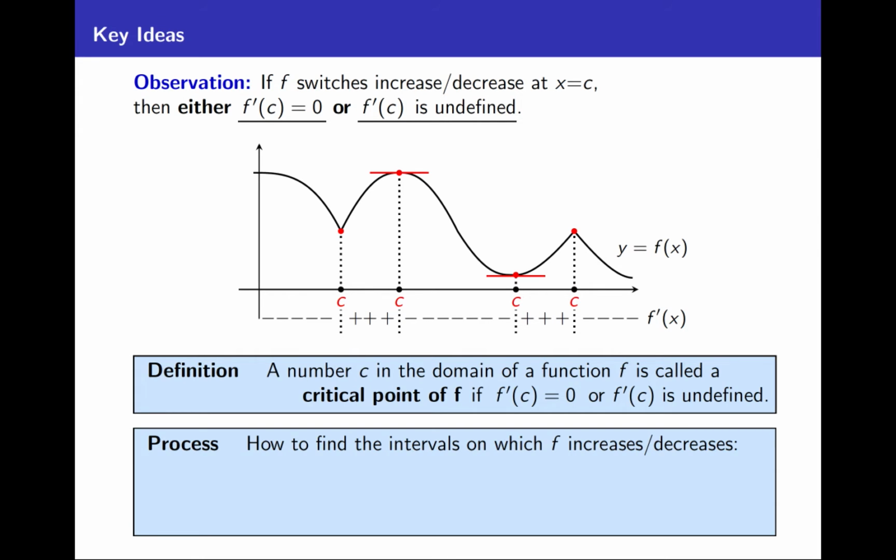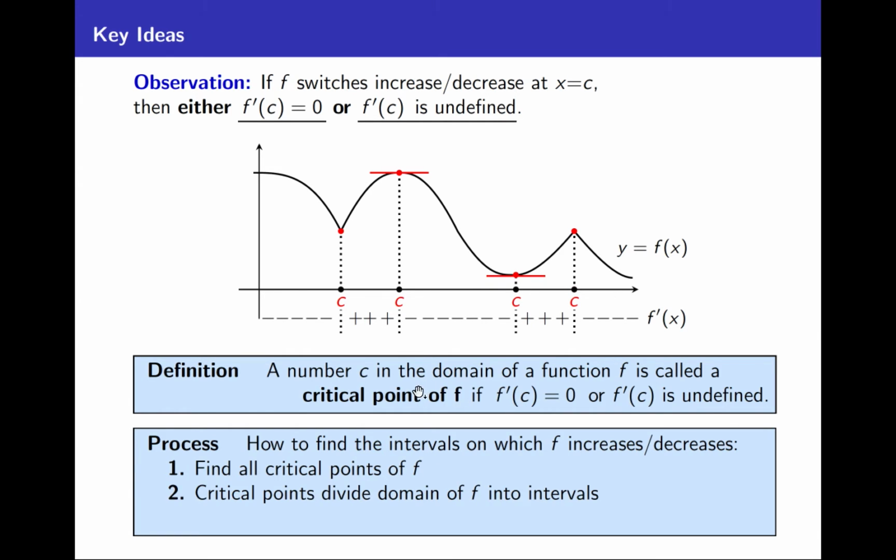And this leads to a process, a fail-safe process, for how to find the intervals on which a function f increases or decreases. The first thing you want to do is find all critical points of f, where f prime equals 0 or is undefined. And those critical points are going to divide the domain of f into intervals, as it did here.